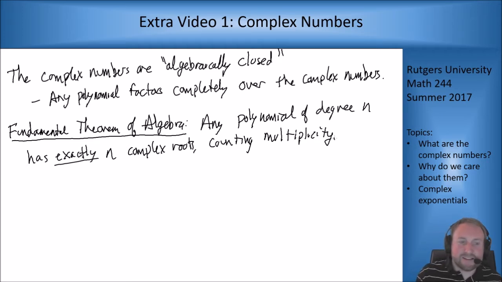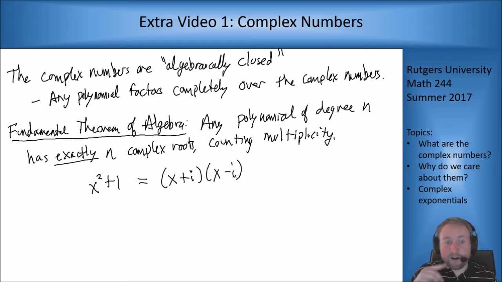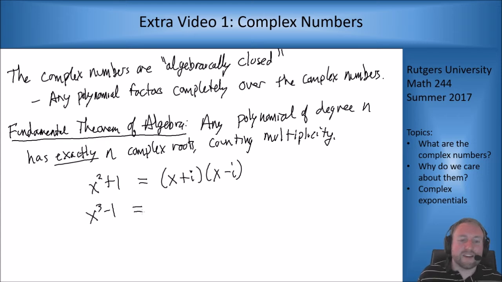So what that means is something like x squared plus 1 factors over the complex numbers. It factors as (x plus i)(x minus i). If you work this out, you see that you actually do get x squared plus 1 when you factor this out. Also, if you look at x cubed minus 1, normally you would say this only has one root at positive 1.